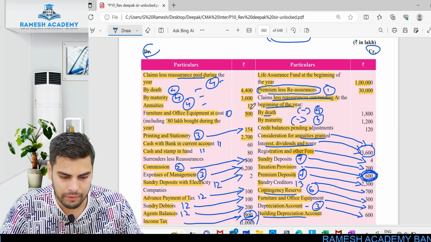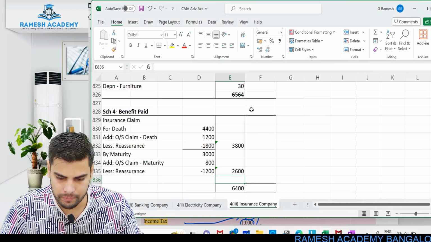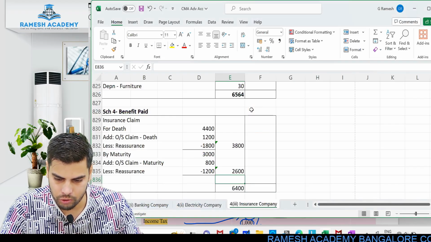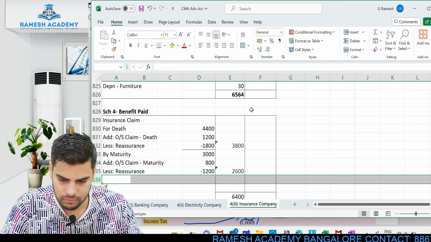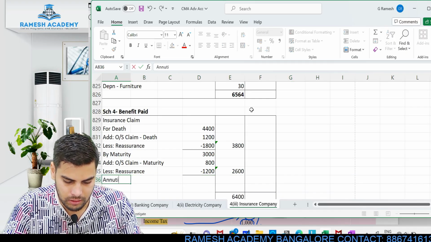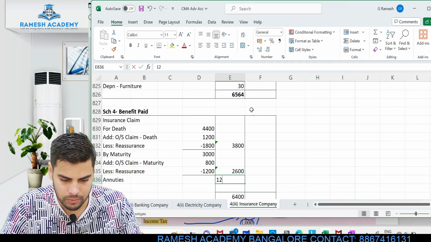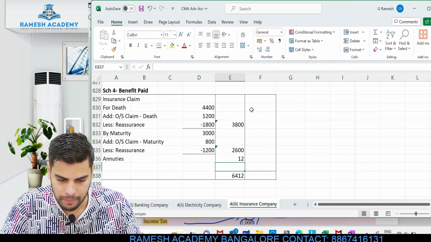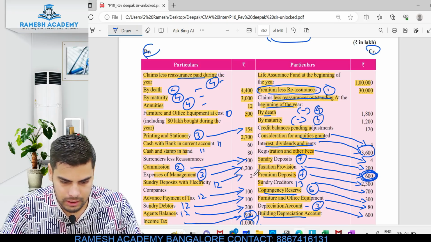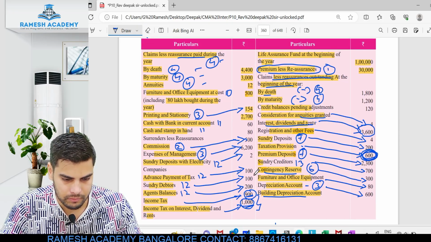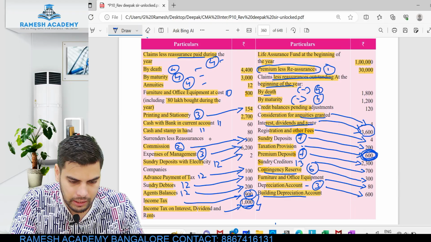And annuities they have given. 12 is what we are supposed to pay. In the form of annuity, we just need to pay 12. So the annuities benefit which we are supposed to pay is 12 rupees. Anything else which we are supposed to pay? Yeah, here it is.